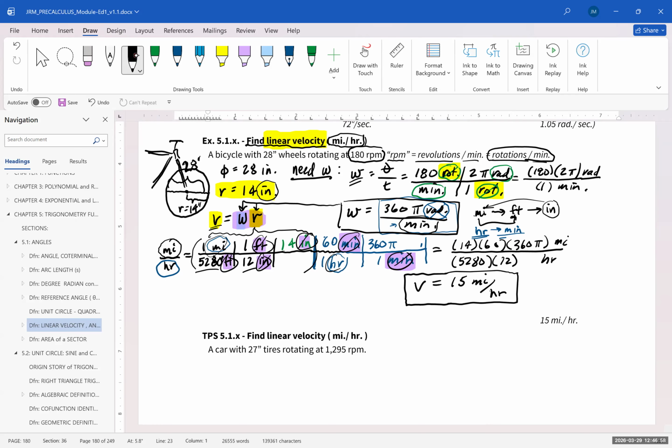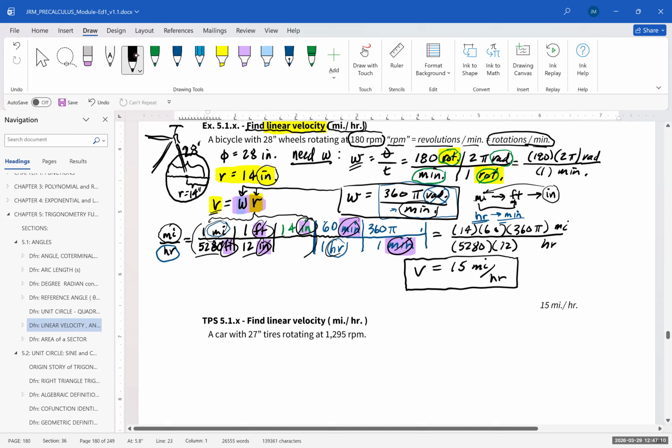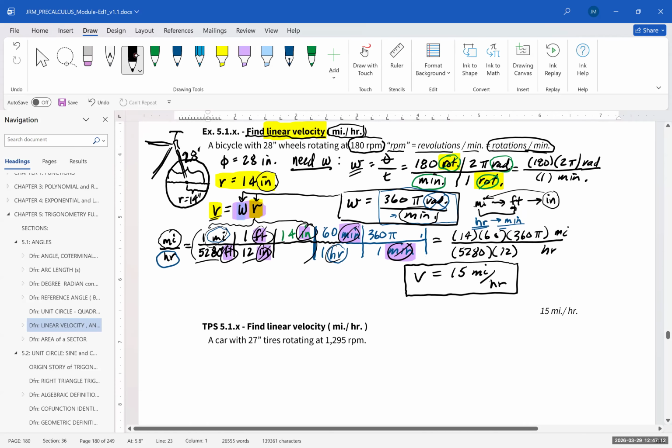Okay. So take this idea as a model and try to solve the next think pair share. Again, unit cancellation is a really good skill to develop, because you'll have to convert units in other disciplines because they'll have their own units that will have many different levels or equivalences.